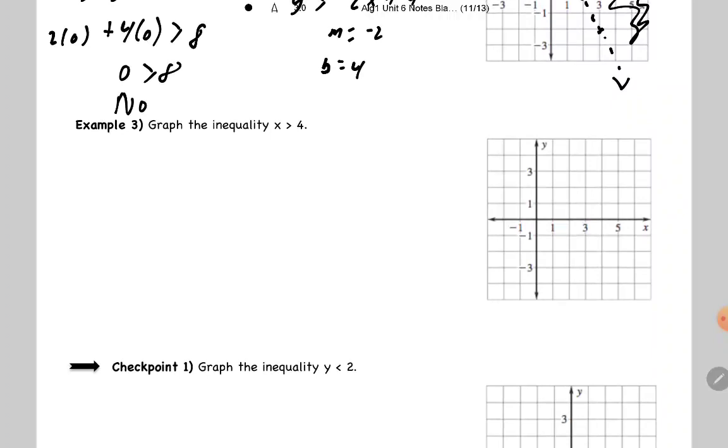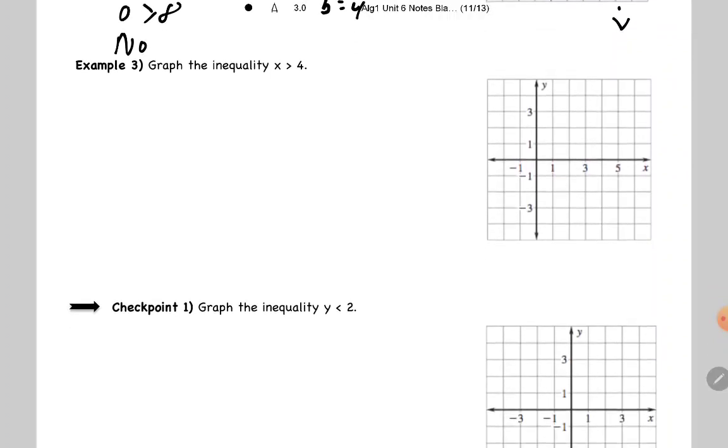Alright, example 3. x is greater than 4. Remember, x equals 4 is a vertical line at x equals 4. This is a dashed one, because it's not greater than or equal to, it's just greater than.